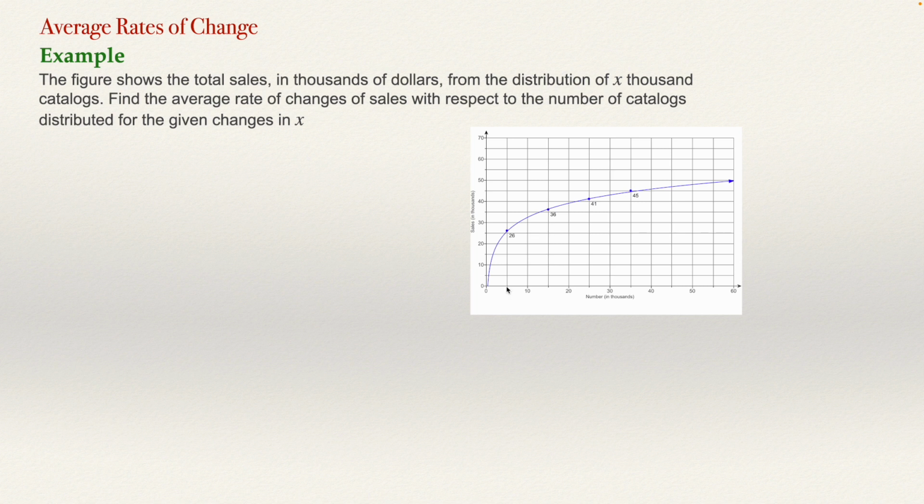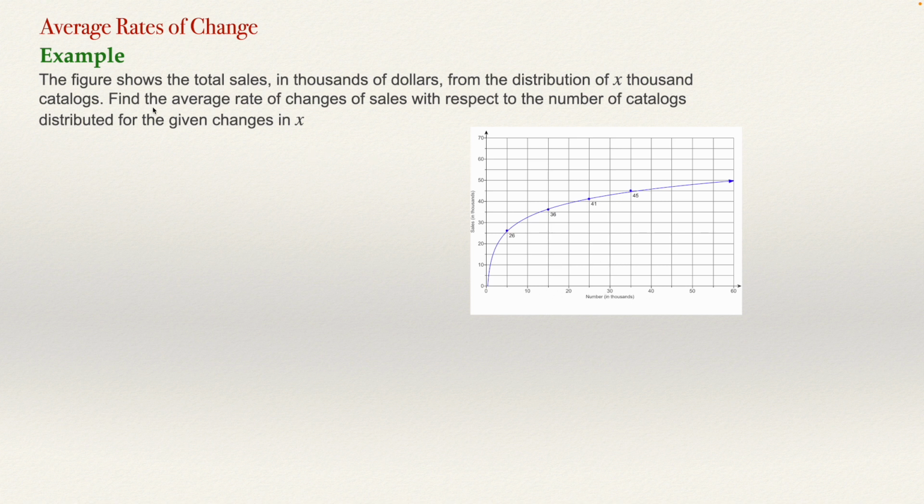For example, when we have 10,000 catalogs, I know that the sale was around 32.5 thousand dollars. So this is the sales in thousands of dollars, and this is the number of catalogs in thousands.